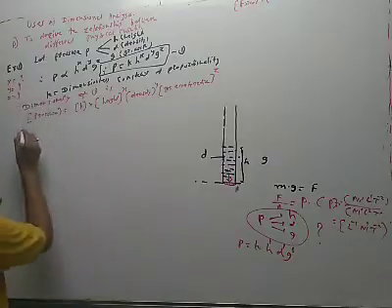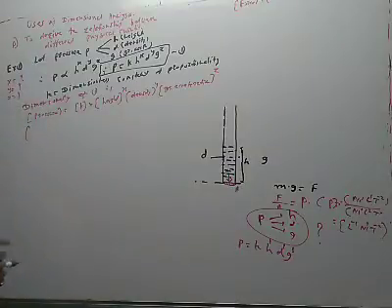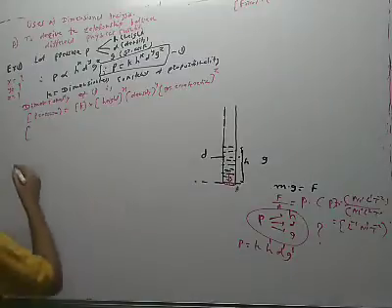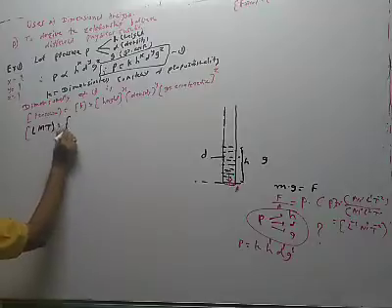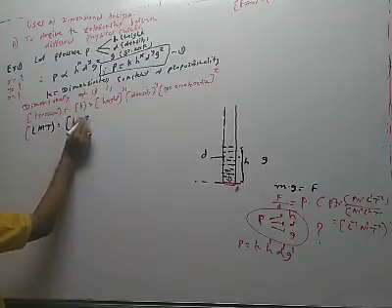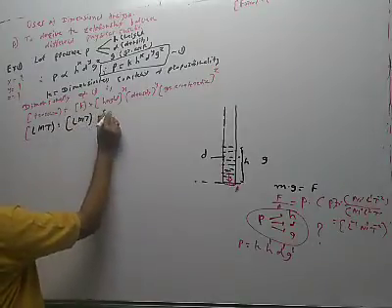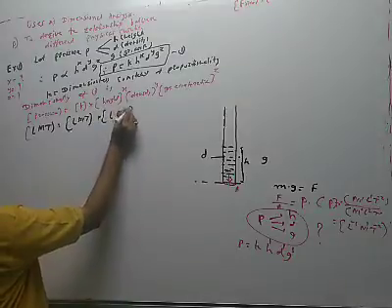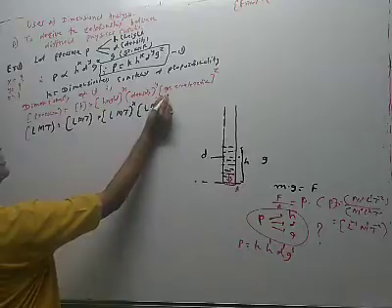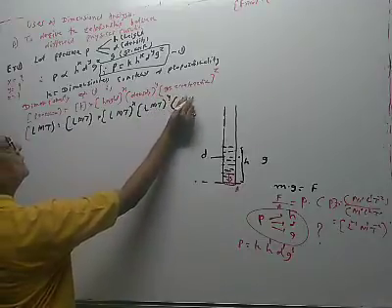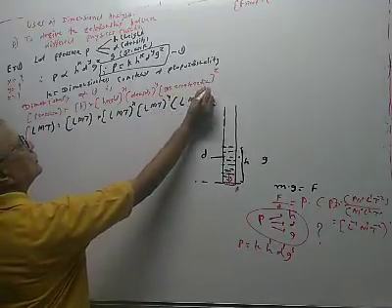So substitute here, left hand side. A better way, I will write down LMT raised to x, LMT raised to y, LMT raised to z.